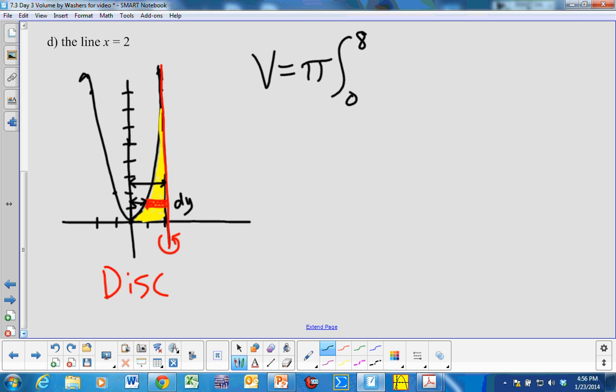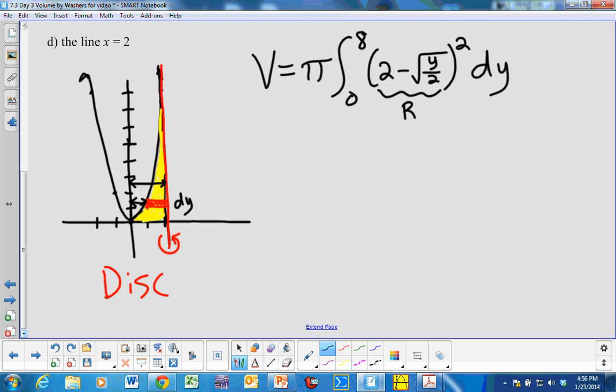And so that's going to be 2 minus the function. And we already solved for the function in the first problem. It was the square root of y over 2. So it's 2 minus that whole thing squared, because this entire thing is my radius. And then I have to square it, and then dy. And so that's what you would get for this problem, which we would just need the disk method.